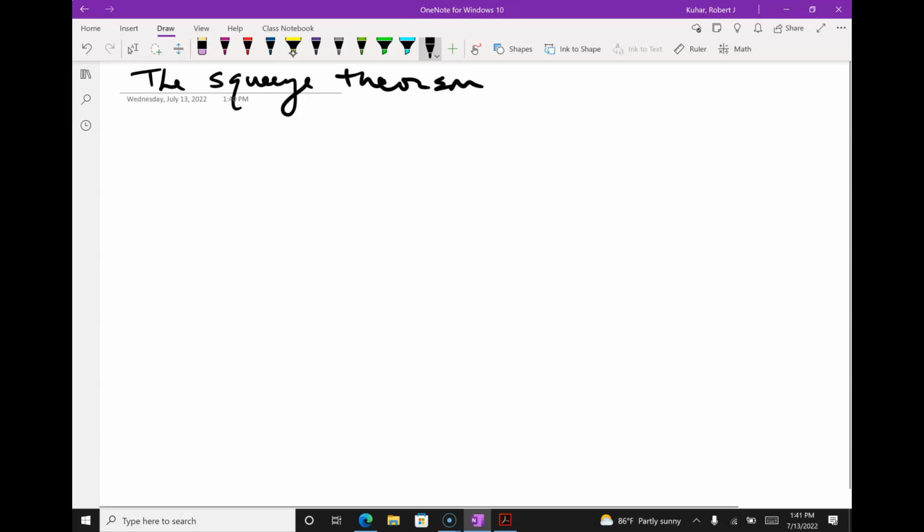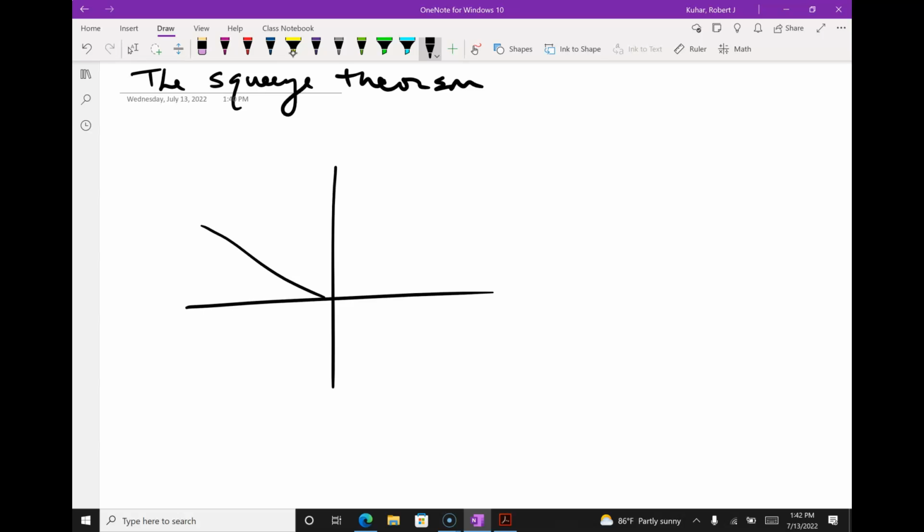The squeeze theorem basically says if I have one function and another function, right? So clearly f and h here, one's above the other.